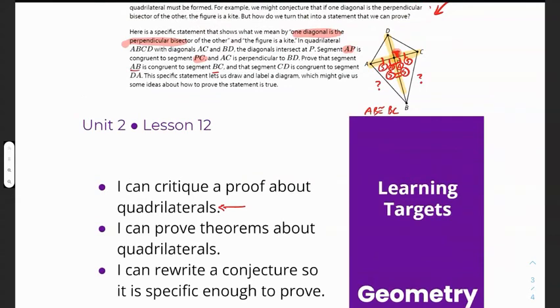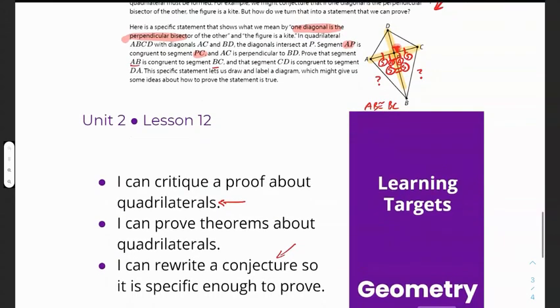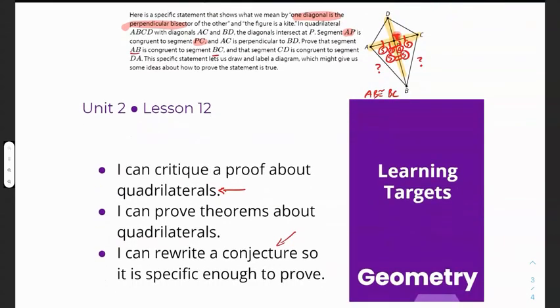I can rewrite a conjecture so it's specific enough to prove, right? So you would be looking at certain parts of a statement to be able to break down the figure into triangles so you can start getting into your proofs a little bit faster and more efficiently. Okay, so that's the end of the lesson.